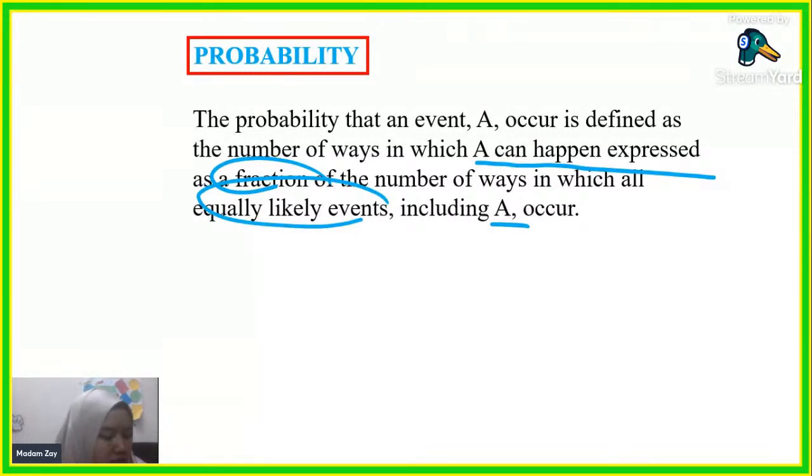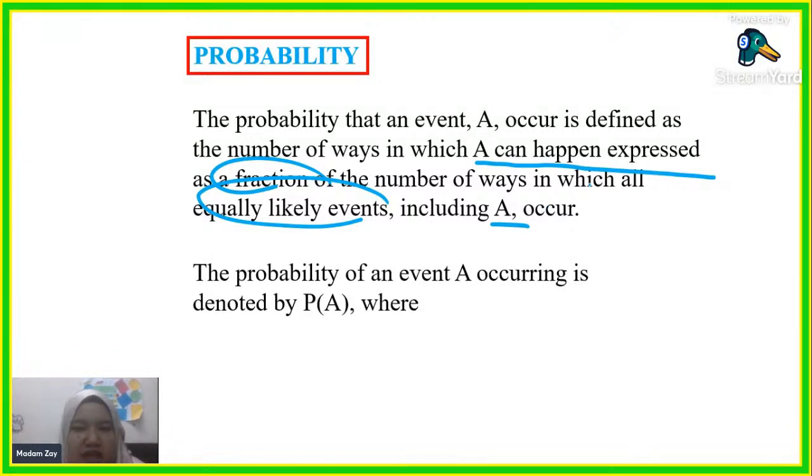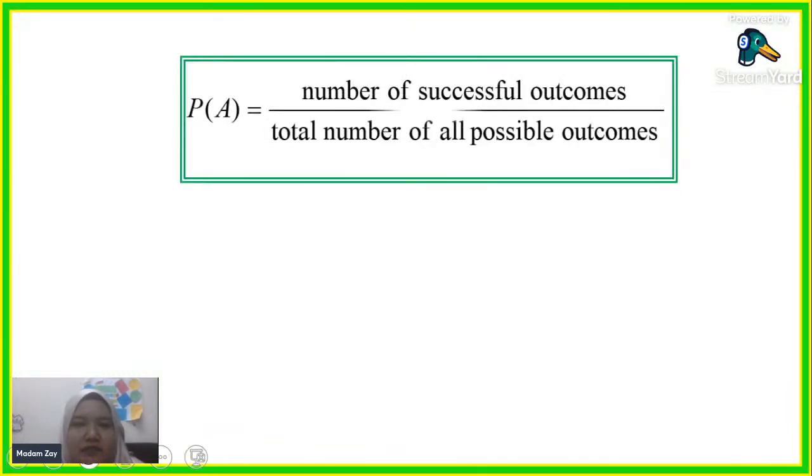So it's a bit complicated, right? The probability of an event A occurring is denoted by P of A, where P of A is equal to the number of successful outcomes divided by the total number of all possible outcomes.